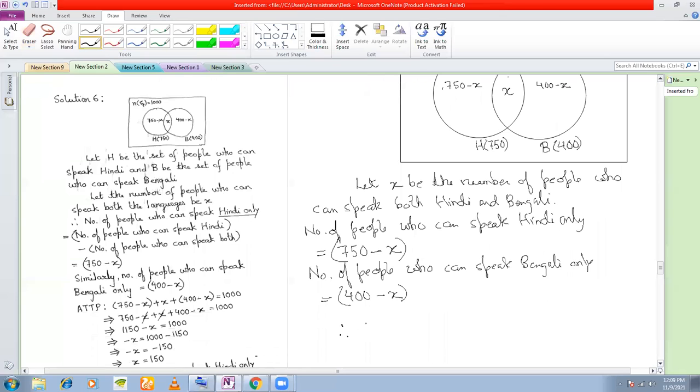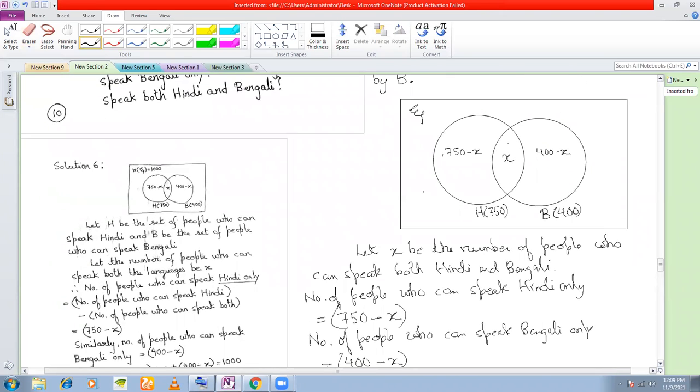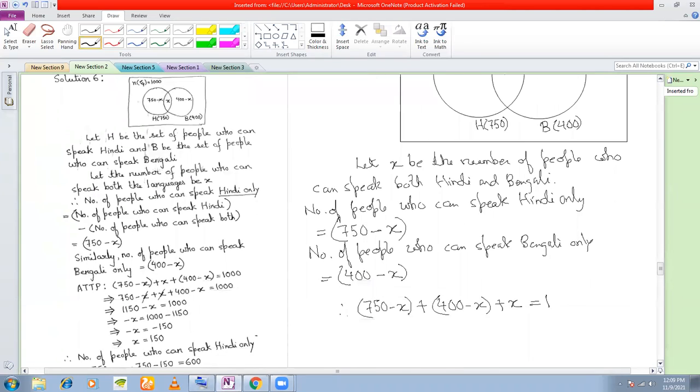The number of people who can speak Hindi only, plus the number of people who can speak Bengali only, plus the number of people who can speak both languages must be equal to the total number of people. How many total people? What is the cardinality of the universal set given here? 1000. So this is equal to 1000.